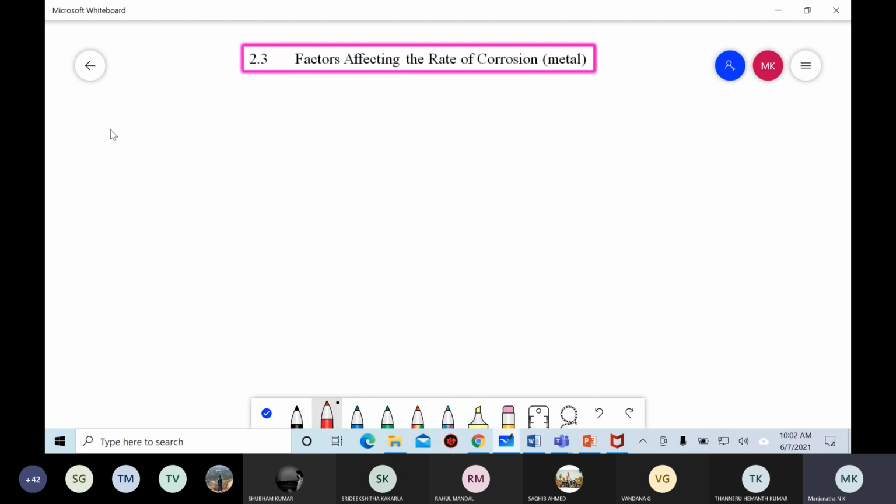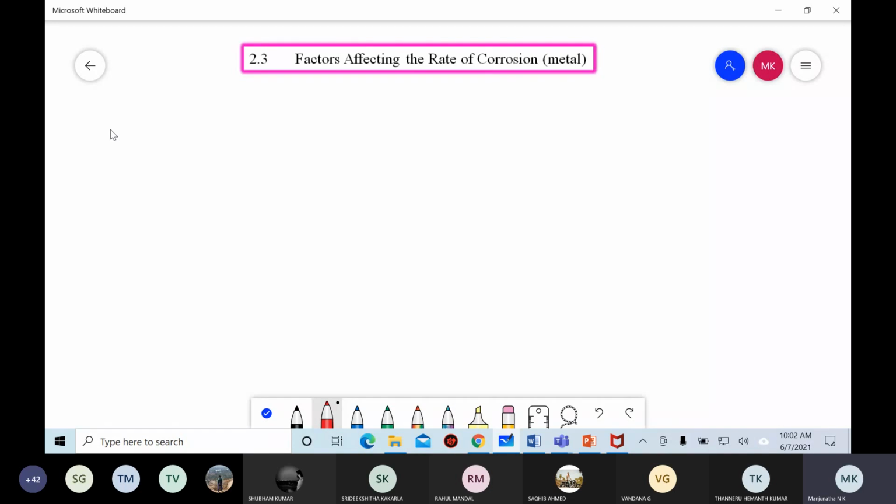It is because of some factors. For example, take iron. Once iron is exposed to an acidic medium, it undergoes corrosion very fast. In the same way, once iron is exposed to an alkaline medium, it undergoes corrosion very slowly. It is because of the pH of the medium.